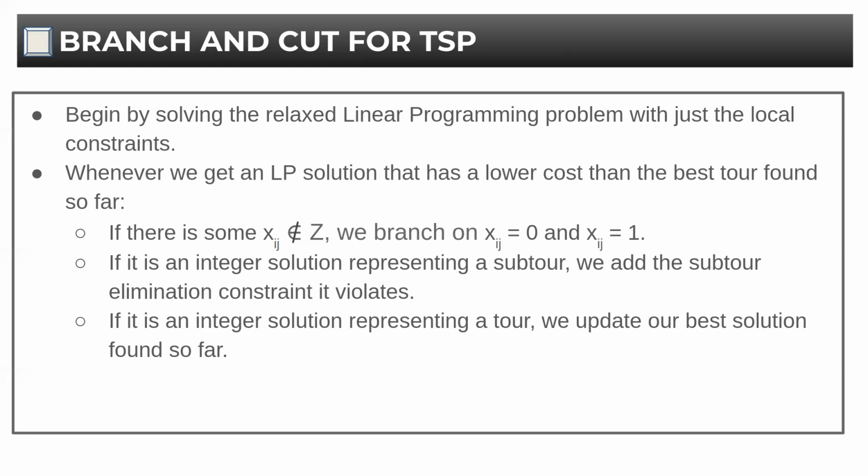If there is some x_ij which does not belong to the set of integers, we make two branches for x_ij equals 0 and x_ij equals 1. If it is an integer solution representing a subtour, we add the subtour elimination constraint it violates. And finally, if it is an integer solution representing a tour, we update our best solution found so far.